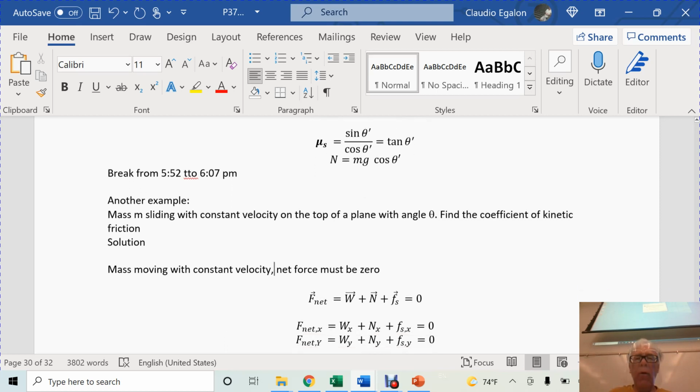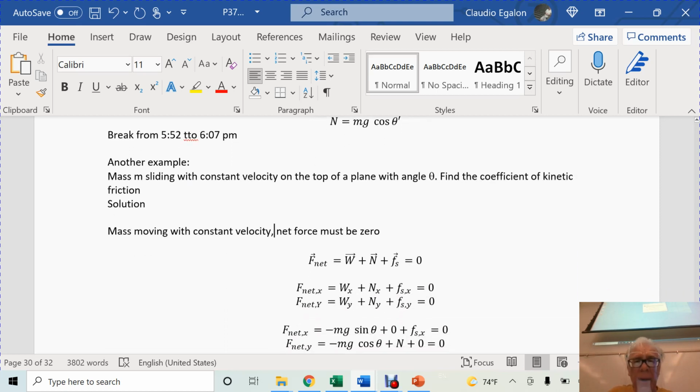Weight, normal, and now it's not F sub s, it's going to be F sub k. The net force along the x direction is going to be 0. The net force along the y direction is going to be 0 as well.